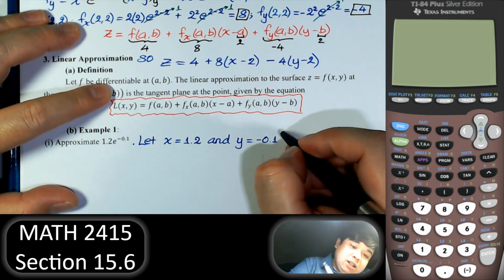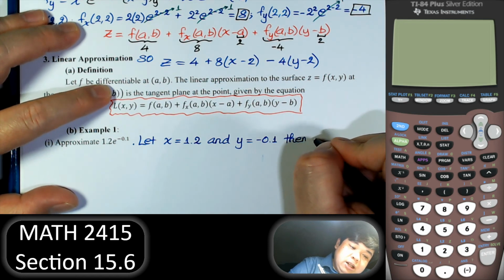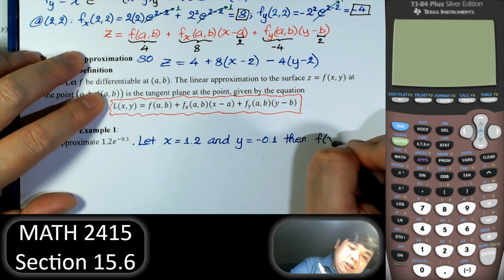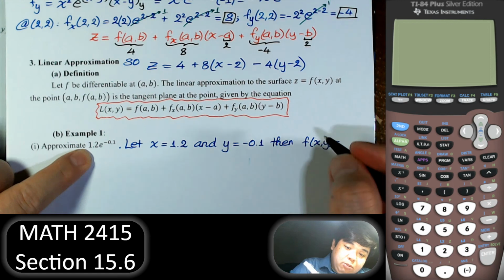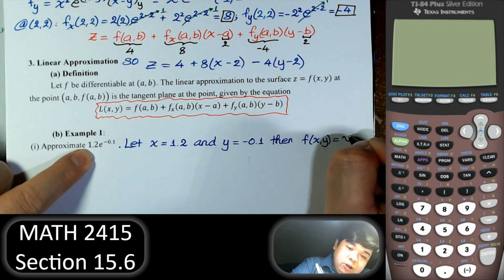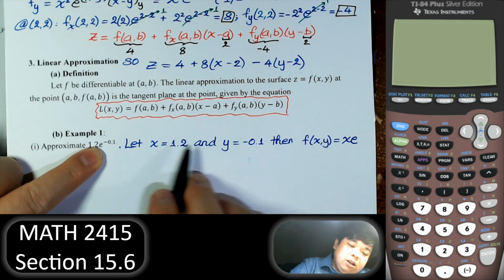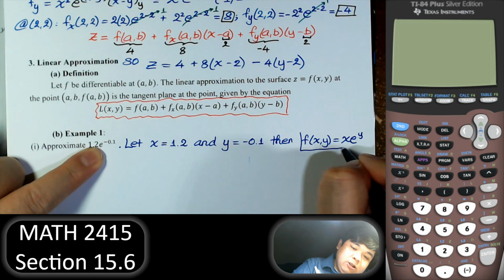When we let that equal to those values, this becomes the function of x and y, right? So put 1.2 in for x and negative 0.1 in for y. So what we have here is the function.